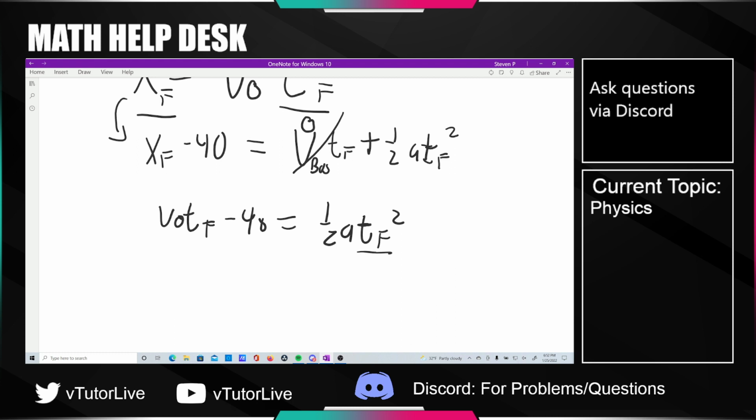So the thing to do here is just to put everything on one side. It doesn't really matter which side you move it to, just choose either one. 1/2 a tf squared minus v naught tf plus 40.